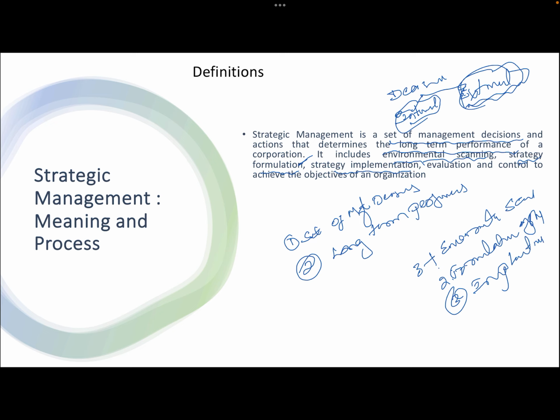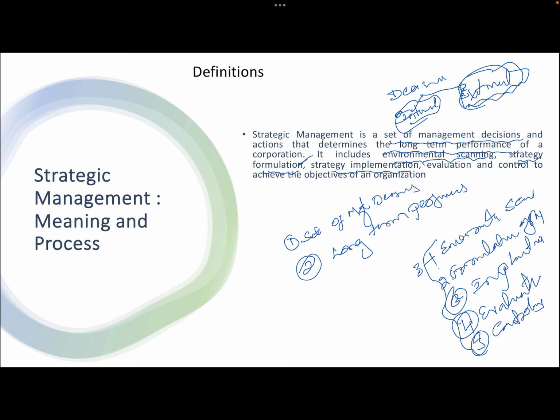Post implementation, it is necessary to evaluate how the implementation is progressing, whether it is as per the plan or not. If it is not, then take some controlling actions. So this is a five-step process of strategic management. We will see this in detail in the later part.